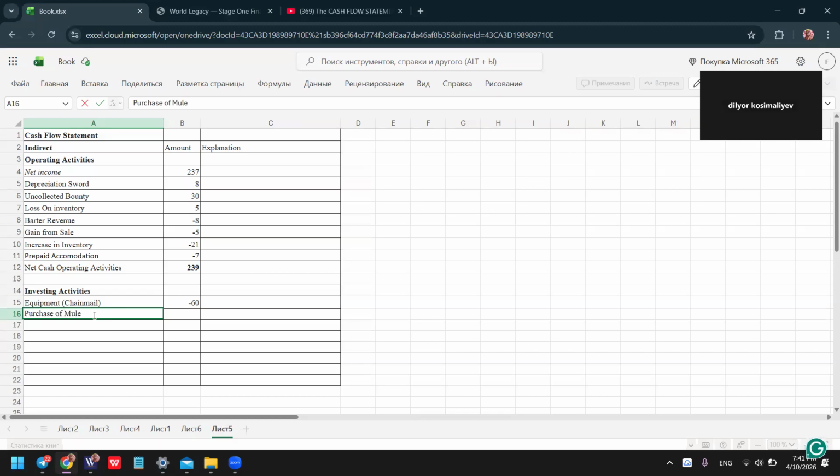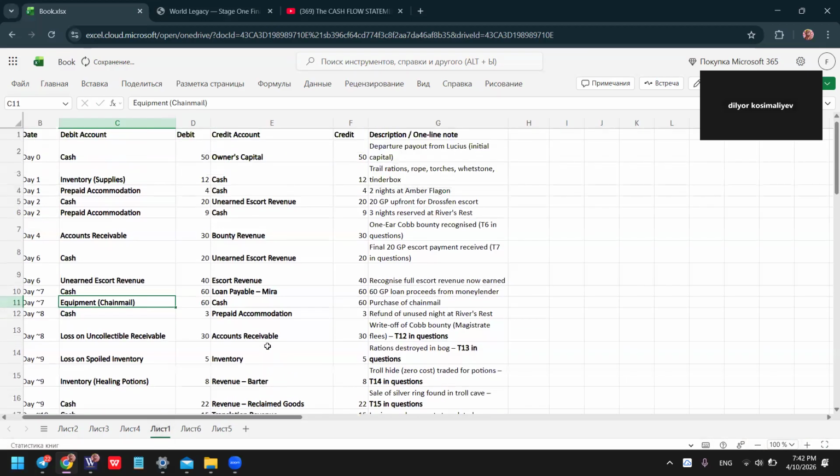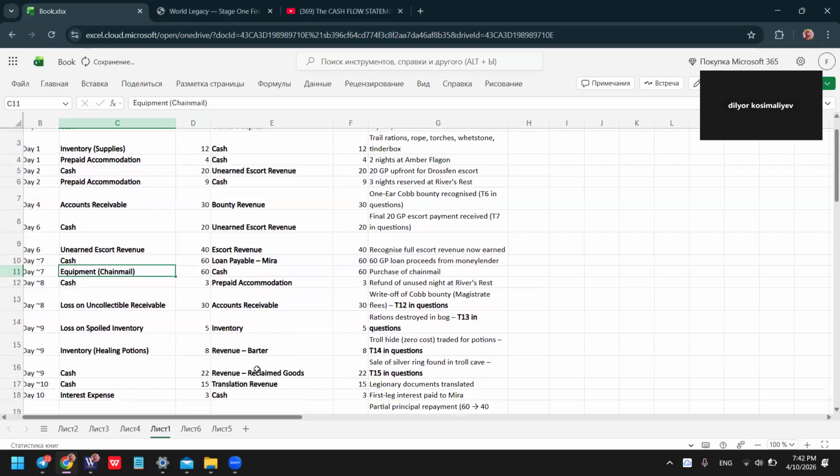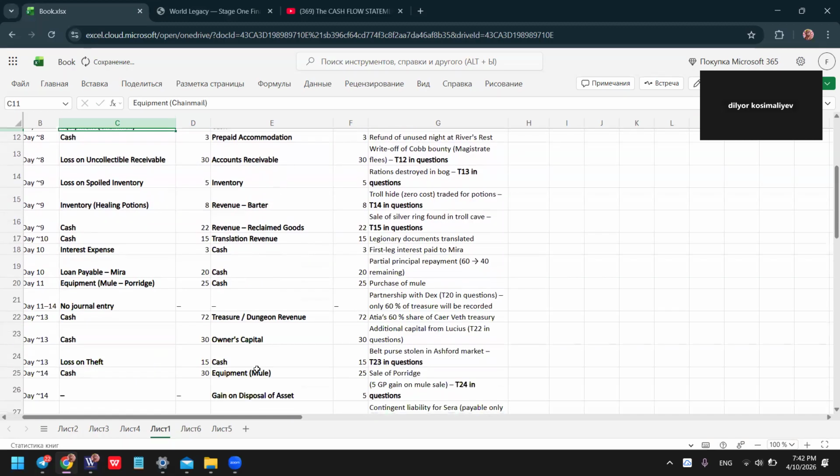For the purchase of the mule, it's also equipment, the same equipment, but it's also long term.